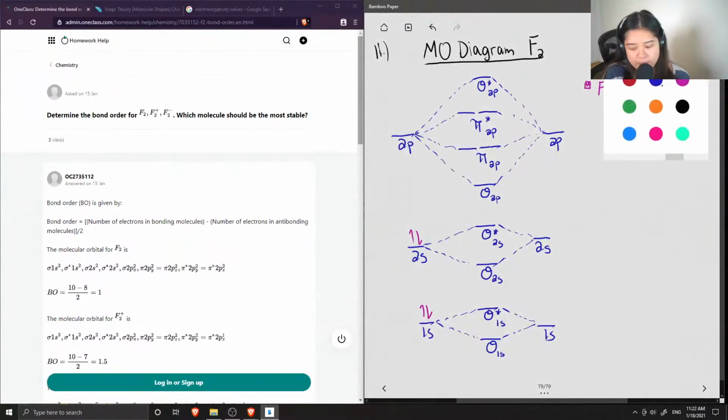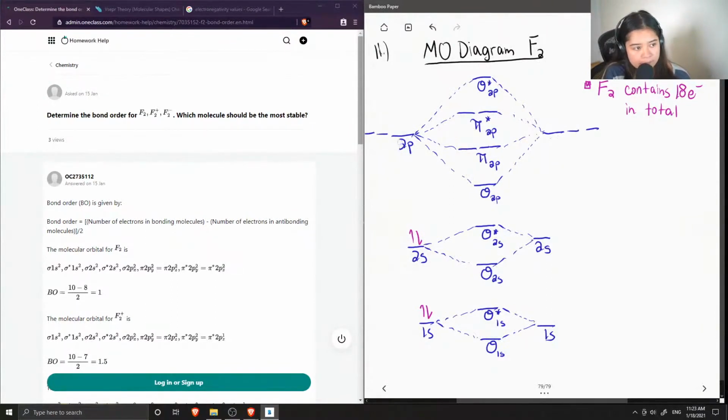And our 2p should have the 3 orbitals here, because a p orbital can hold 6 electrons. So that's why we need 3.